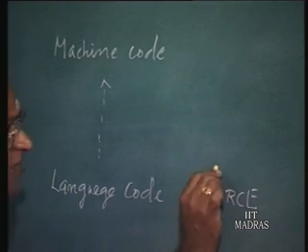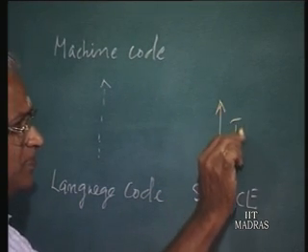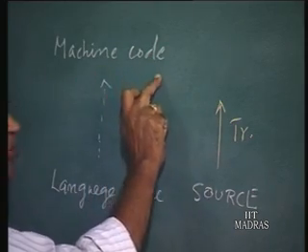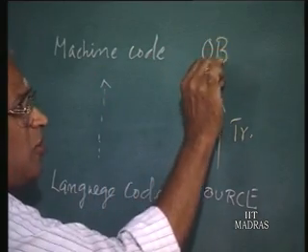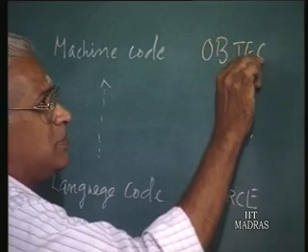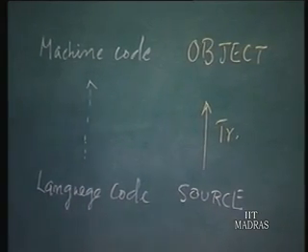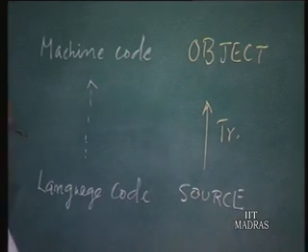Now, when this gets translated, then ultimately it is going to be in machine code, and that in fact is called object code. And later on you will find that these codes are going to be stored in the form of files.